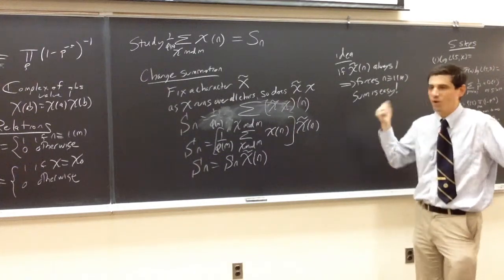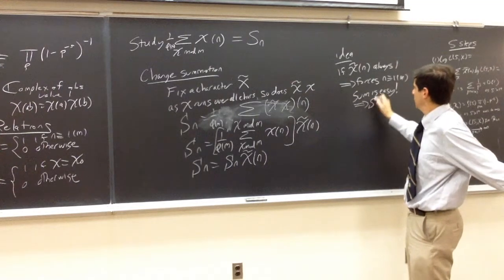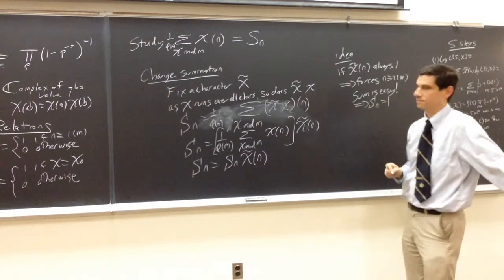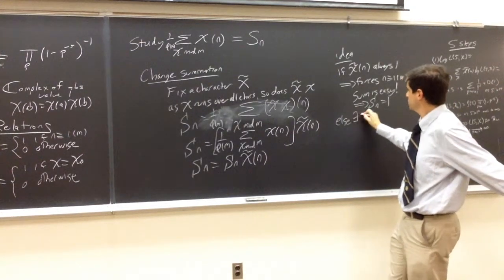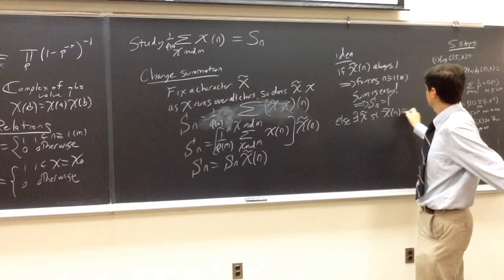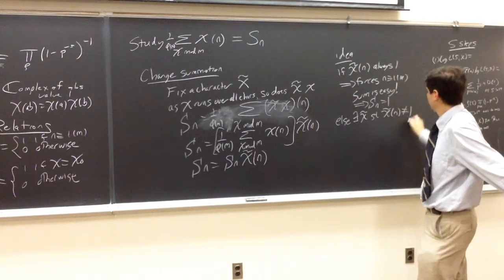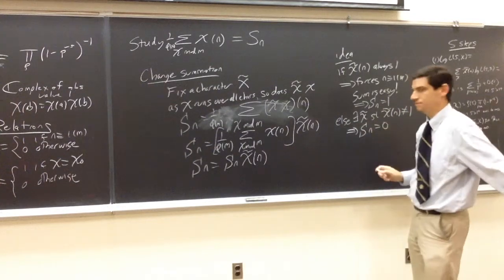We're just summing 1 phi of m times, and then it gives us that Sn is equal to 1. Else, there exists a chi tilde such that chi tilde of n does not equal 1, and that's going to force Sn to be 0.